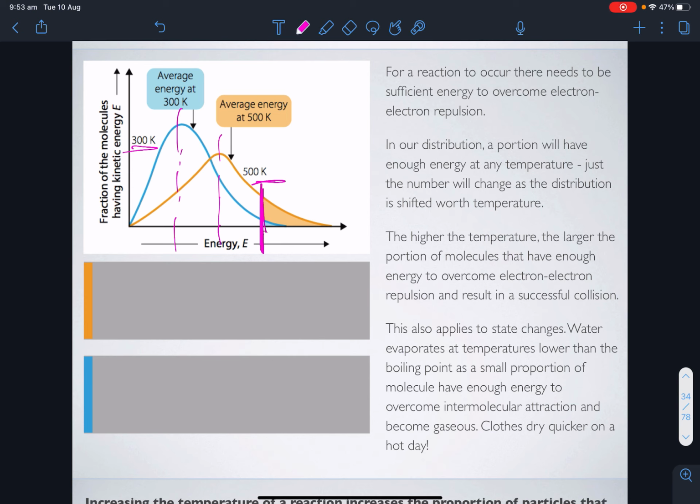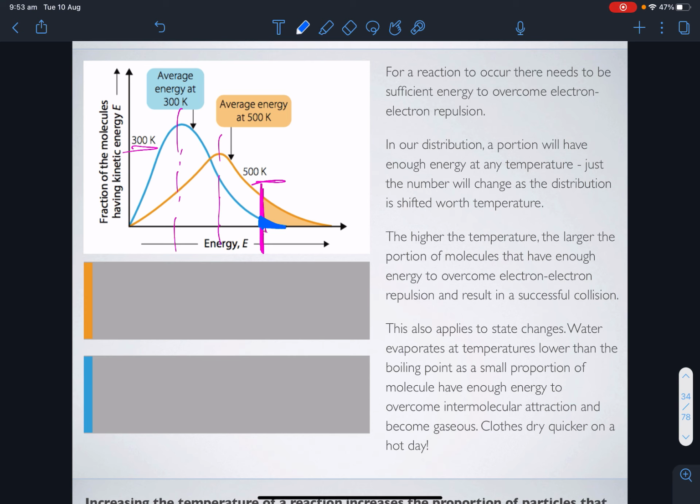Now you can see for the cooler reaction, there's still a certain amount of particles that are going to undergo this reaction, represented by this area here.